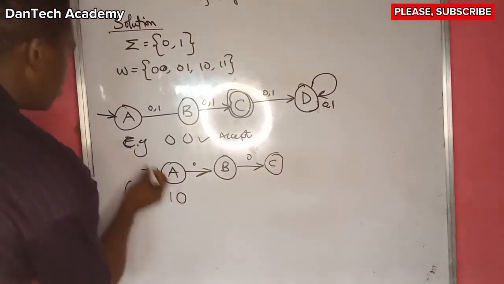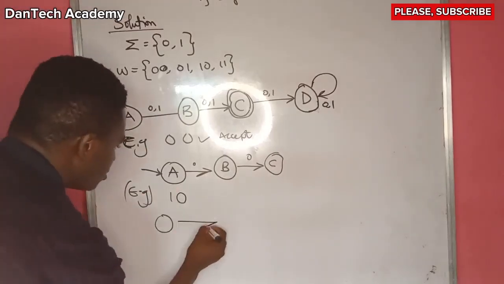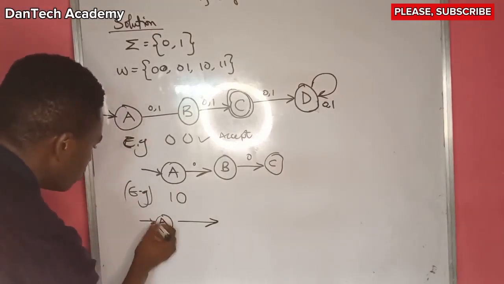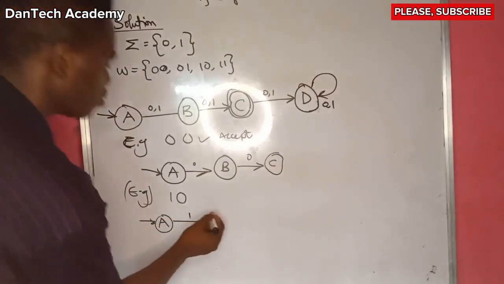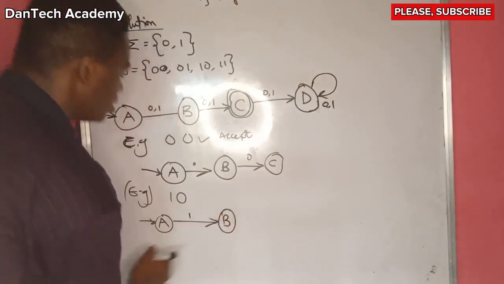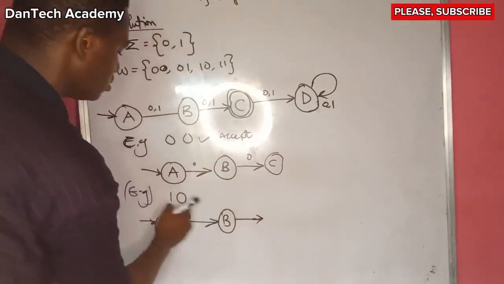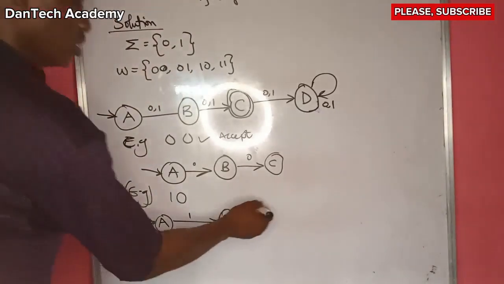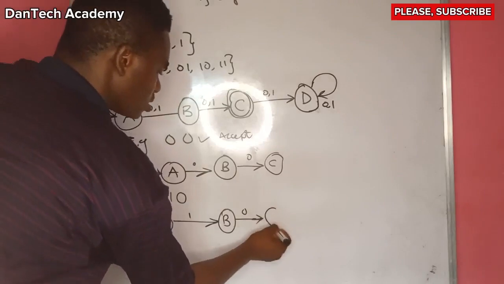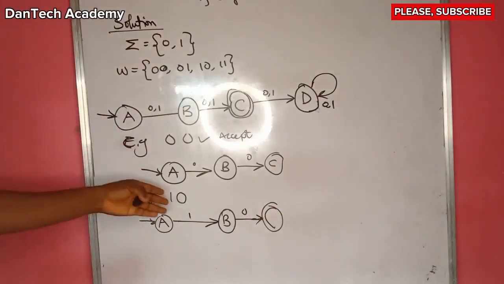The first one that enters is 1, at A, right? 1 enters, and that leads us to state B. Then from state B, another input 0 enters. It leads us to state C. Is state C the final state or not?